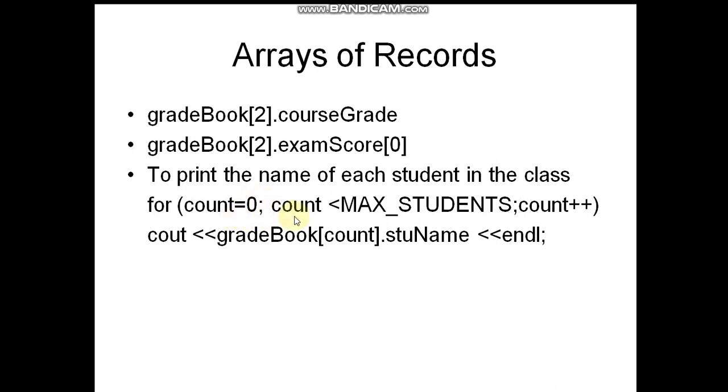Initially its value is 0, while count is less than 150, count is incremented, and we just display the grade book, then the 0, as count is initially 0, then student name, and it will be displayed. So it will display the name of 150 students. As the loop completes, we will get the names of the 150 students.